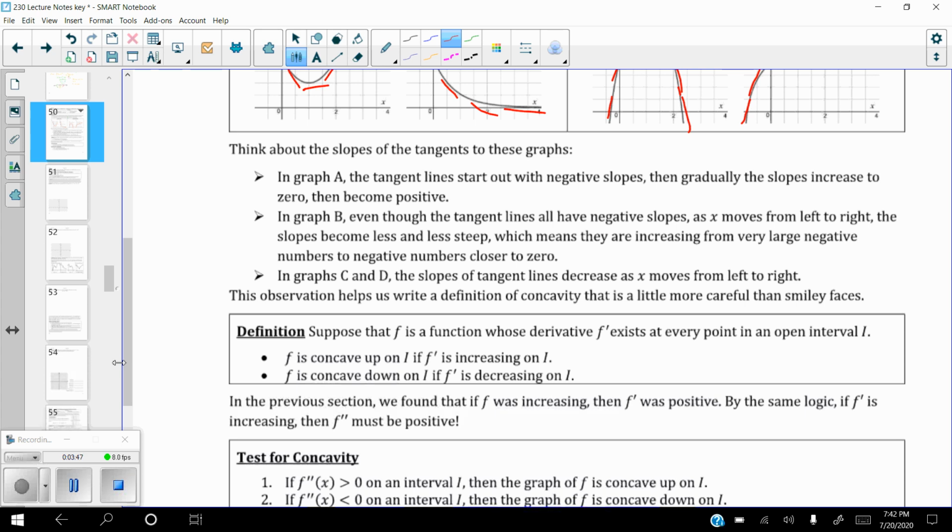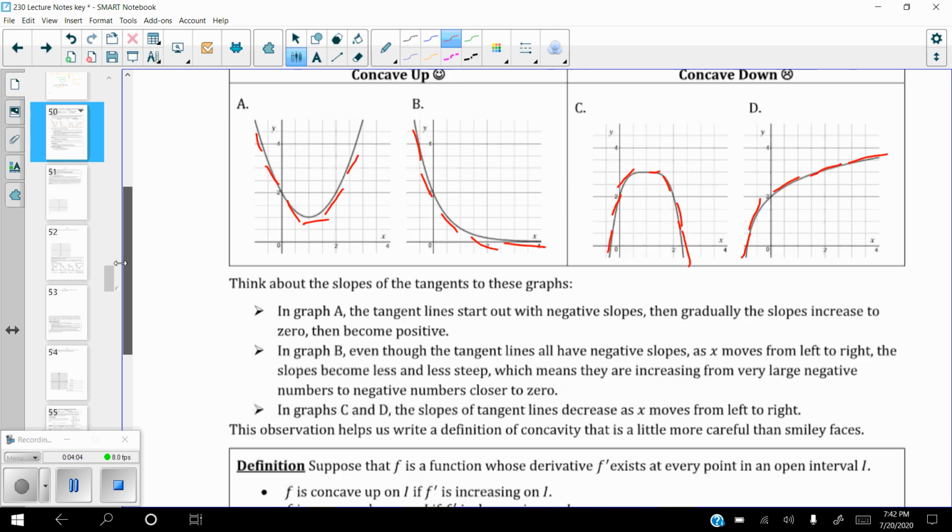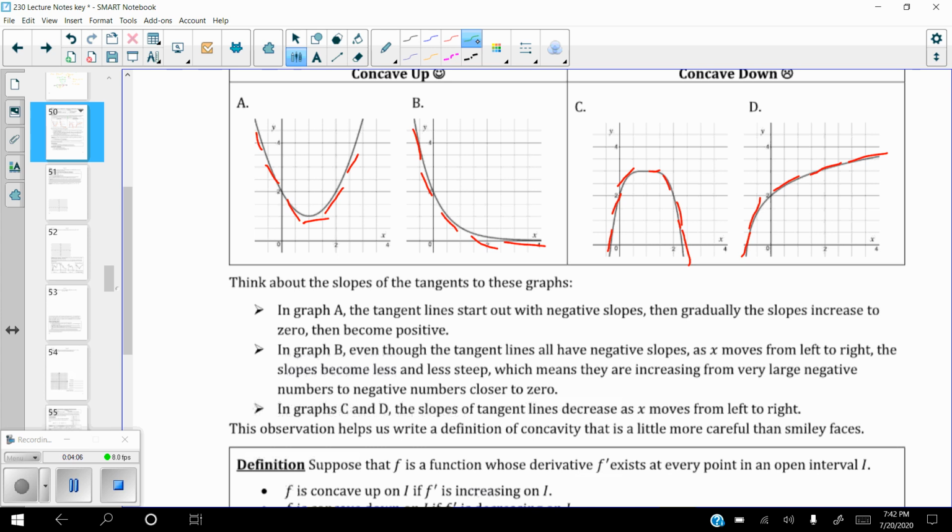So the definition is, if f is concave up on an interval, then f prime is increasing. That's because all of the slopes are going in an increasing fashion. For example, in part A, the slopes from here to here are all negative.